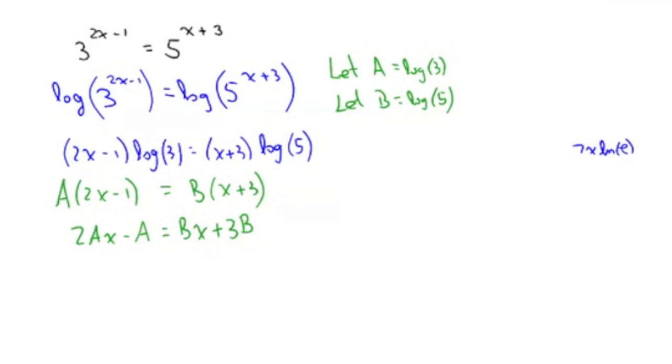So if you just put a and b, you don't lose the fact that it's just a number. This would be 2 times log of 3x minus log of 3 equals log of 5x plus 3 log of 5. It just gets messy.